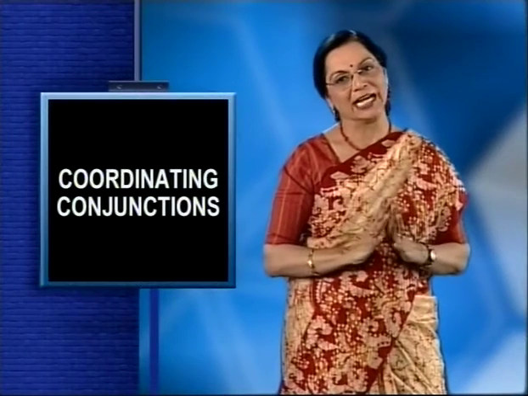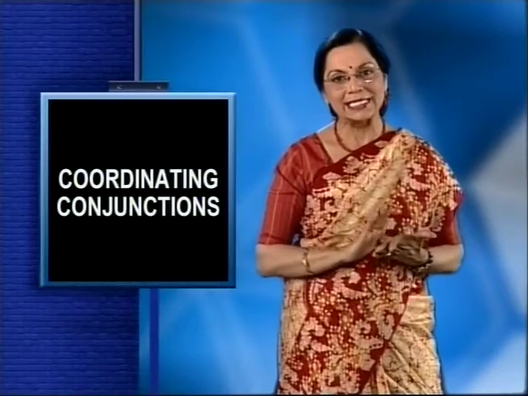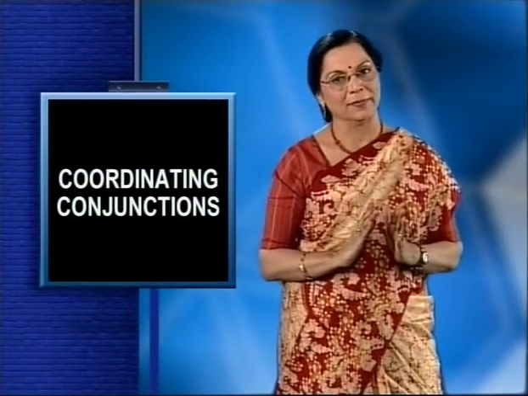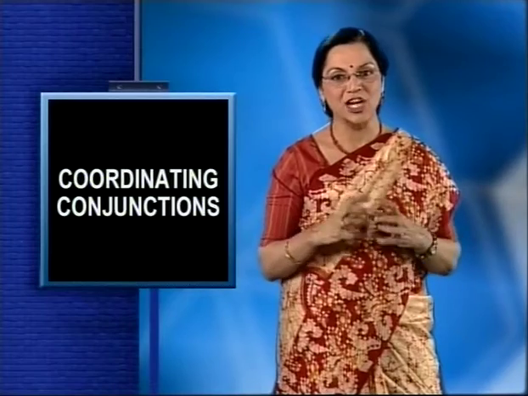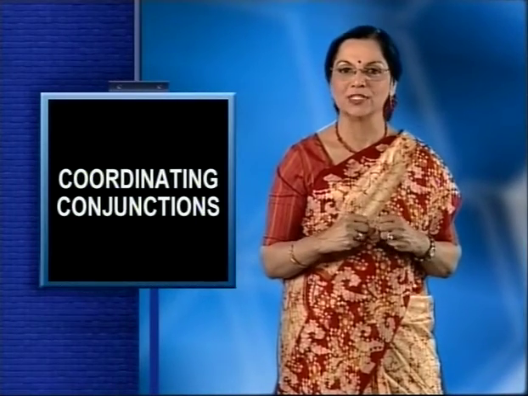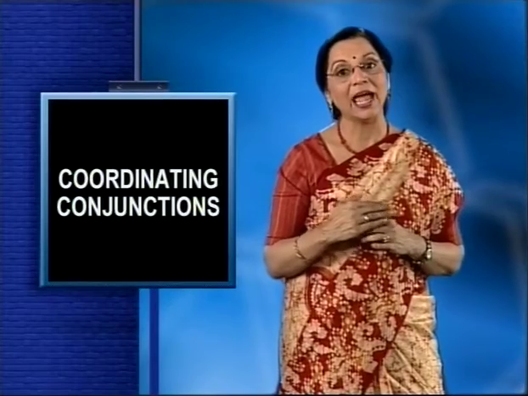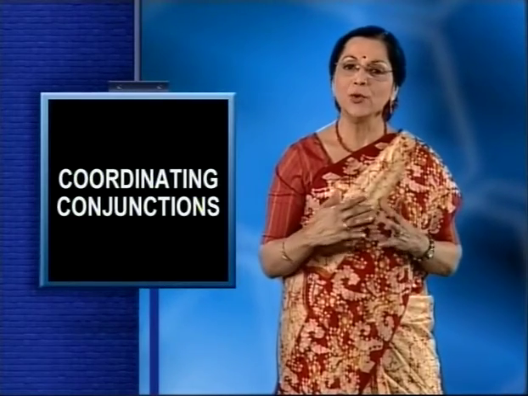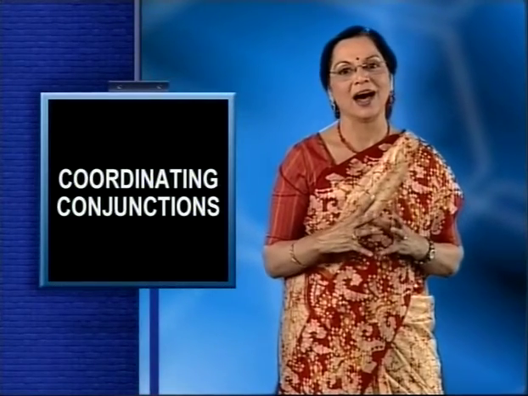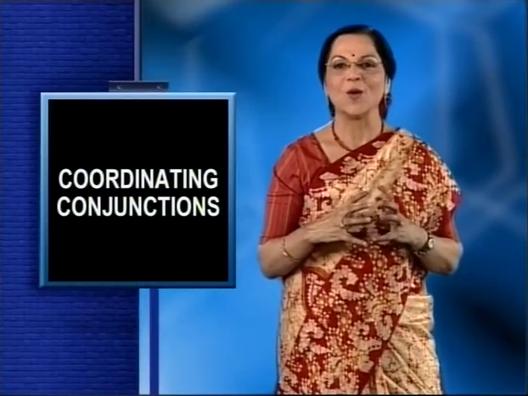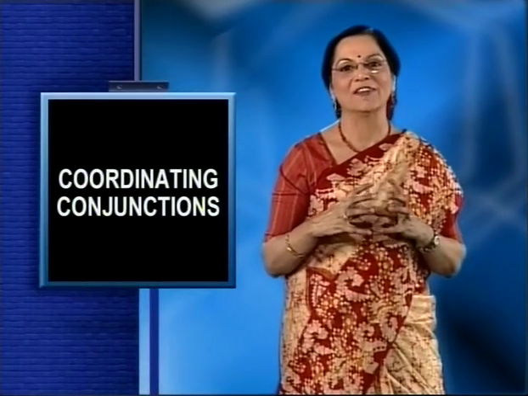First, coordinating conjunctions. In the sentence, birds fly and fish swim, you can see that the conjunction and is used to join 2 sentences, birds fly and fish swim. The 2 independent sentences are of equal rank or importance. Coordinating means of equal rank.